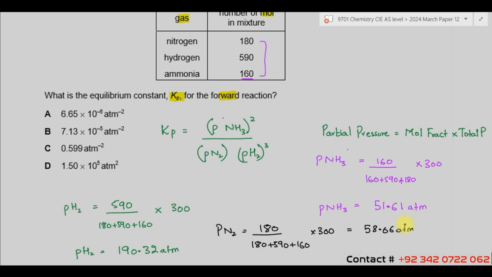Now we have partial pressure of all of them. We just have to put values in this part. So Kp is equal to partial pressure of ammonia 51.61 squared over nitrogen 58.06 atmosphere into 190.32 cubed.